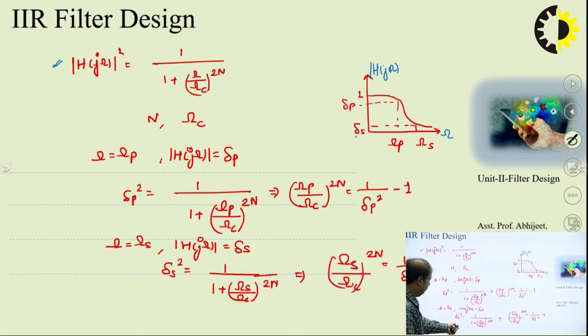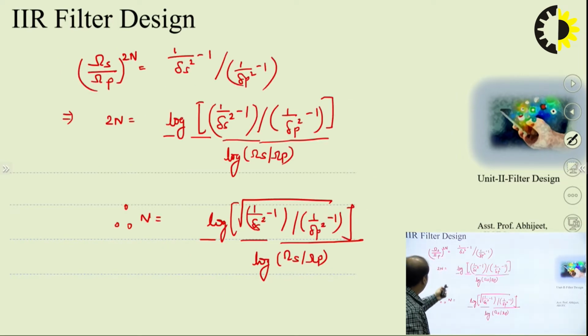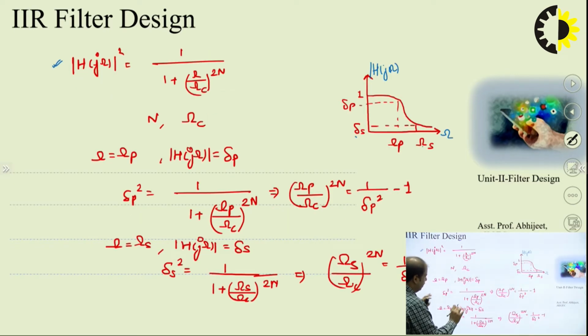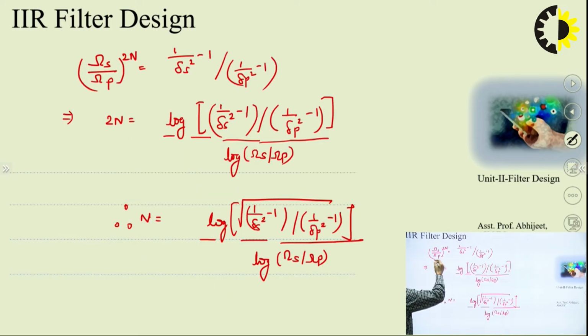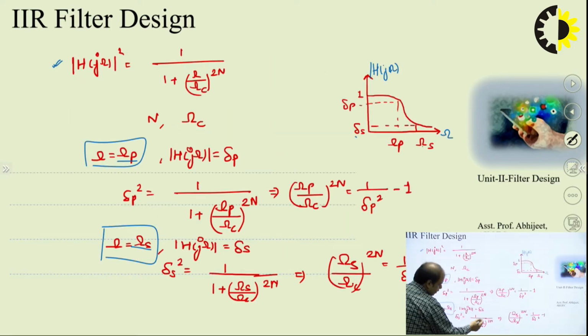These are two equations basically, one evaluated at omega s and one at omega p. If I divide both, this will be this ratio on the left hand side, and on the right hand side this will be the ratio.